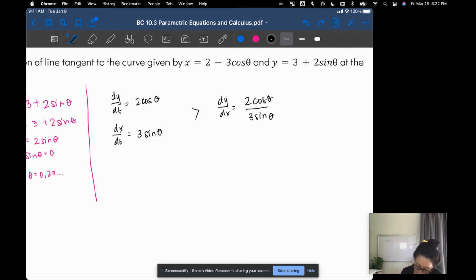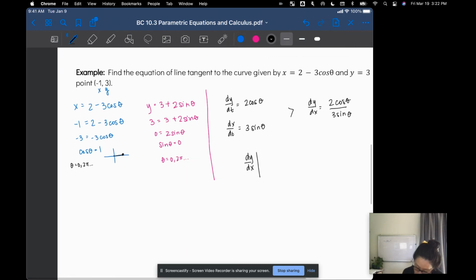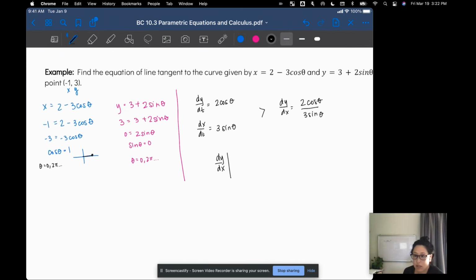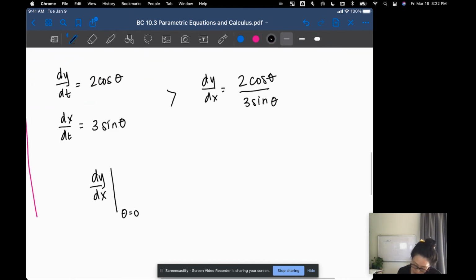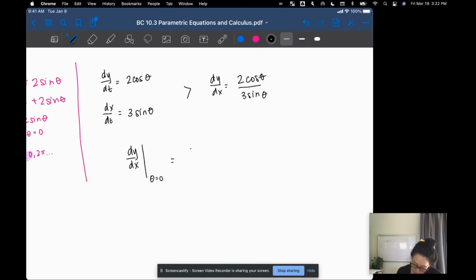Okay, so we have dy/dx evaluated at, and we need to know what theta value I need to plug in. In other words, what theta value would give me an output of negative 1 comma 3. The easiest one for me is just to plug in 0, when theta is equal to 0. So I end up with 2 times the cosine of 0 over 3 times the sine of 0.